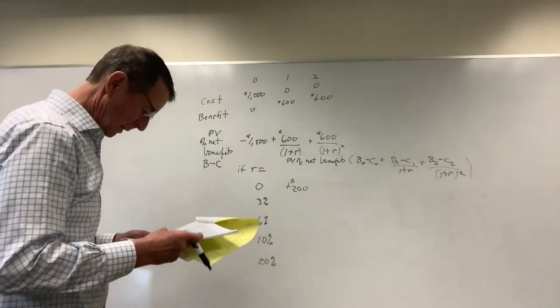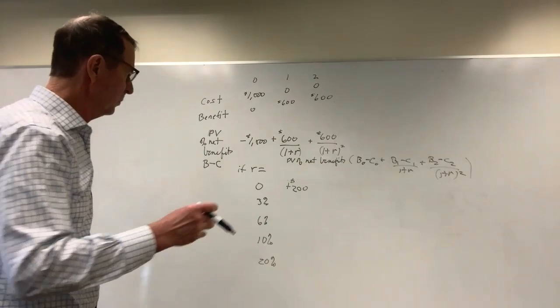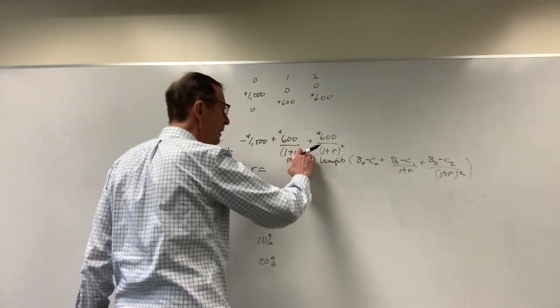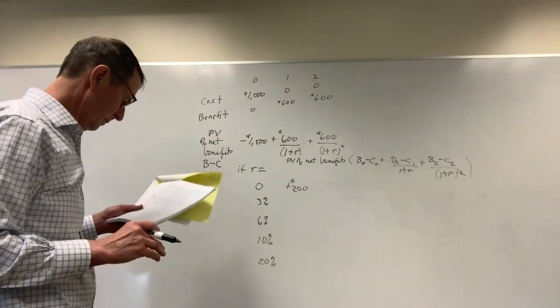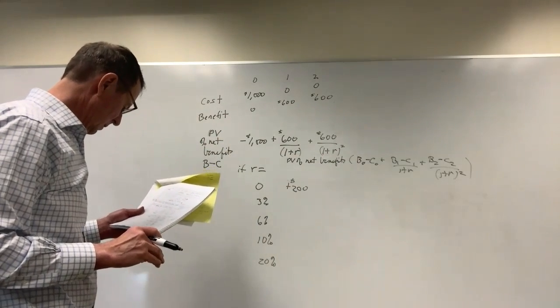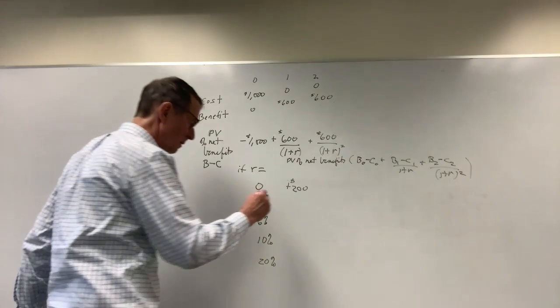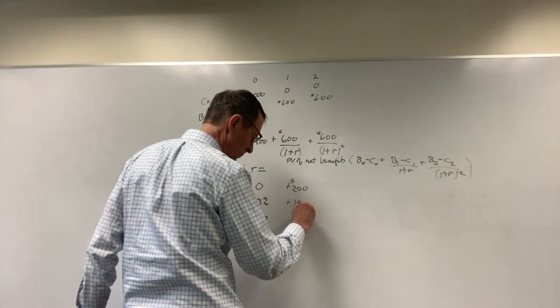And if you continue with 3%, then it's going to be minus 1,000 plus 600 divided by 1.03 plus 600 divided by 1.03 squared, which is going to be plus $147.